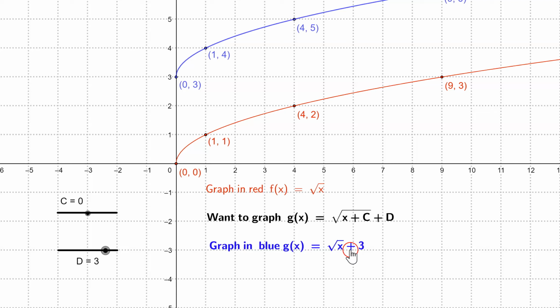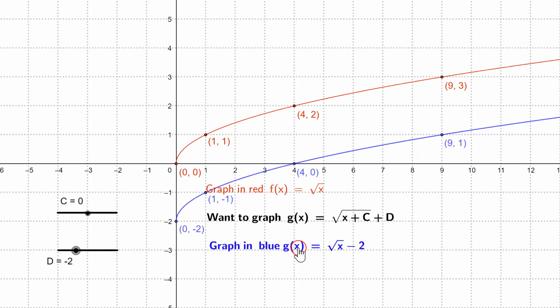So now what happens if I subtract numbers outside? So let's make d minus 2. So I have the square root of x minus 2. What happened to every point on the parent graph? It shifted down 2 units. So notice the x values of the points stay the same.